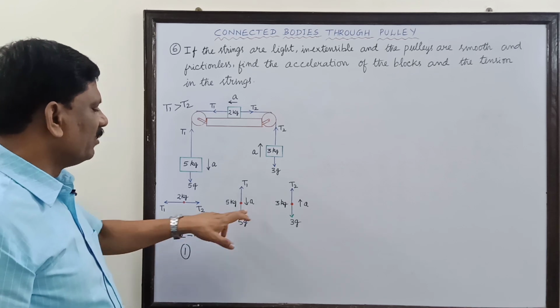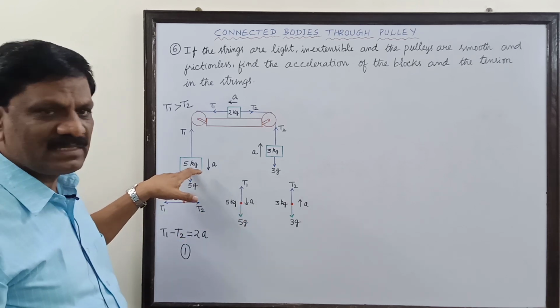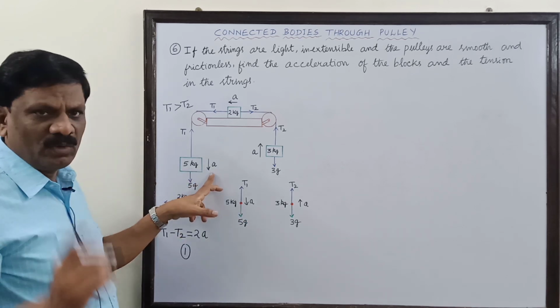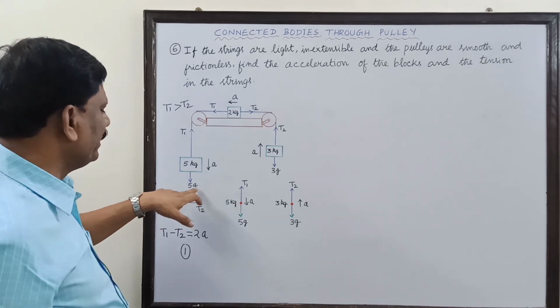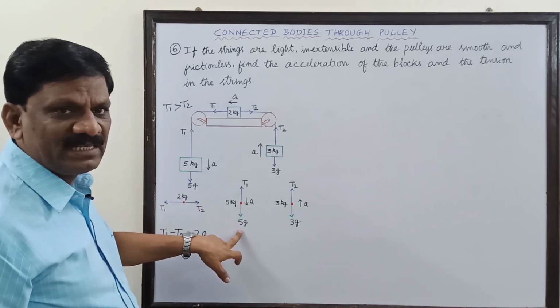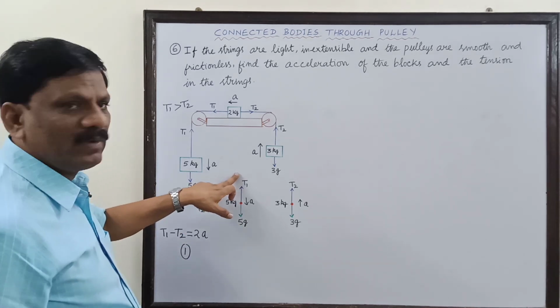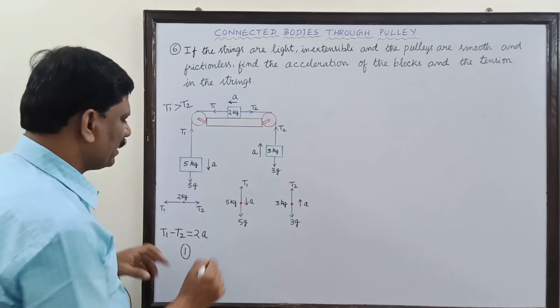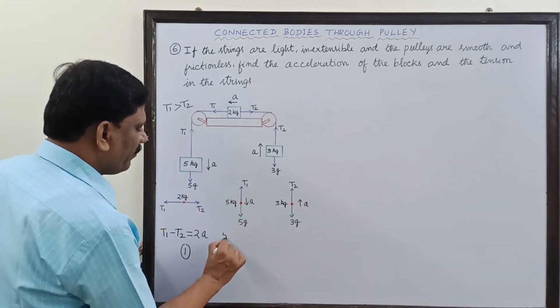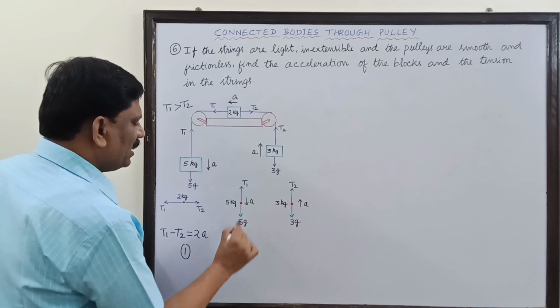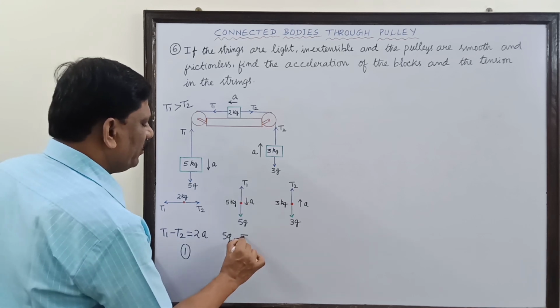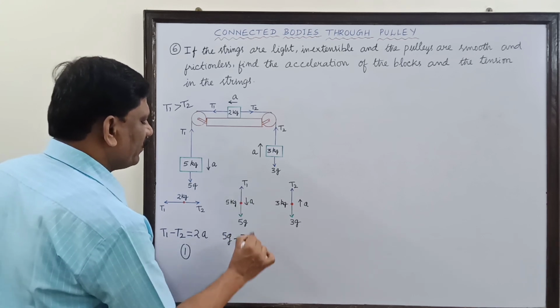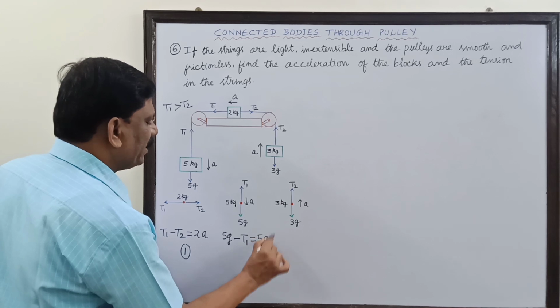Next, coming to the free body diagram of the 5 kg mass. It is accelerated in the downward direction. Therefore, its weight is 5G, minus T1, must be equal to 5A.